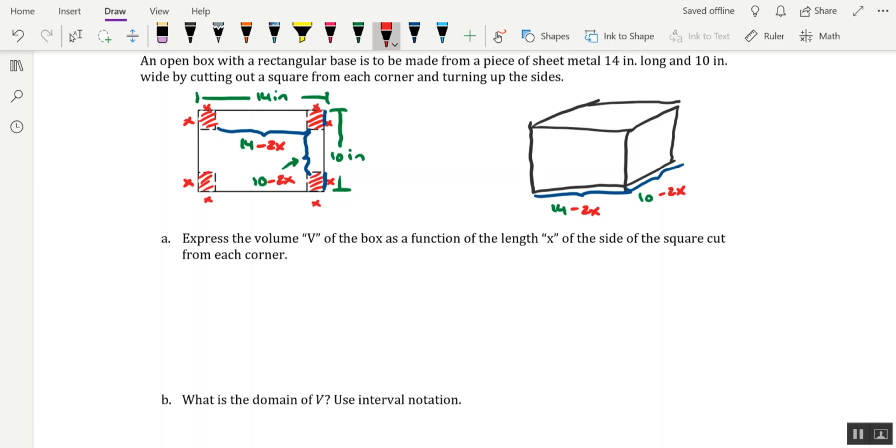As for the height, what you need to note is that x, or the x by x square, help to form these four sides of the box. And I'm going to do my best to try to illustrate the role of x as it pertains to the height of the box. So let's say that I have three sides that are still kind of flattened, and then I'm going to try to illustrate one of the sides turned up.